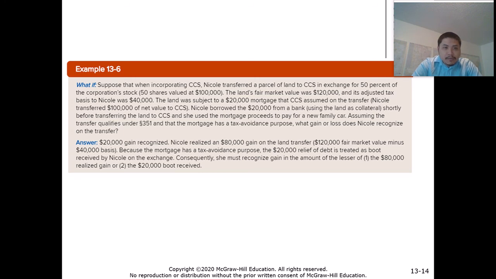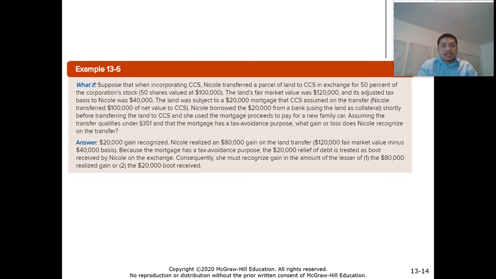Suppose when incorporating CCS, Nicole transfers a parcel of land to CCS in exchange for 50% of the corporation's stock, which was worth $100,000. The land's fair market value was $120,000, and its adjusted tax basis to Nicole was $40,000. The land was subject to a $20,000 mortgage that CCS assumed on the transfer.